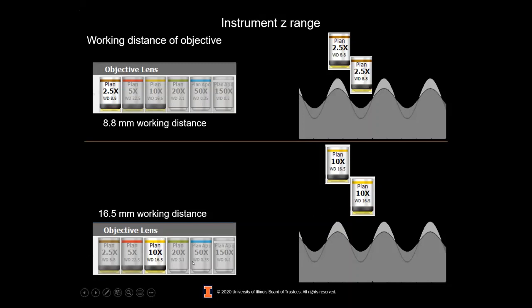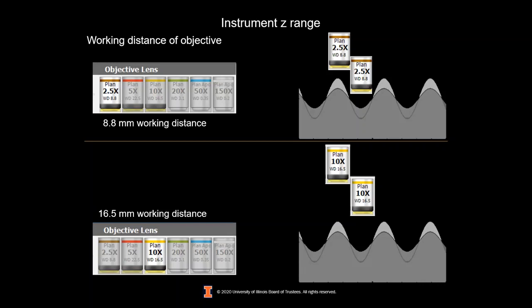If you try to go to the interface below the top surface, you crash the objective on the top surface. So that would be a challenge for measuring large or thick transparent samples, right?